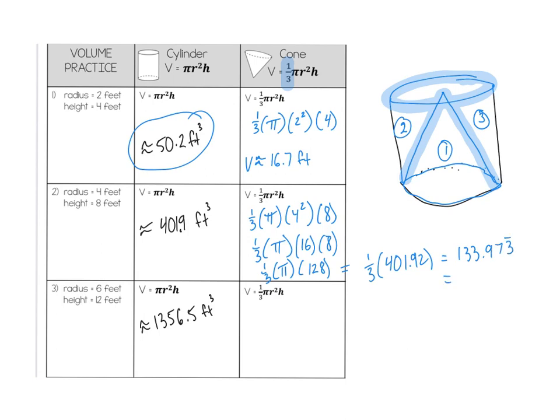So again, this is about, because we're rounding with pi, 134 cubic feet. So again, if we were to take our 401.9 and just divide that by 3, we're going to get to that 134.